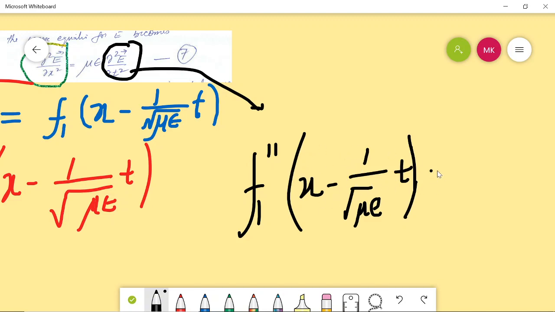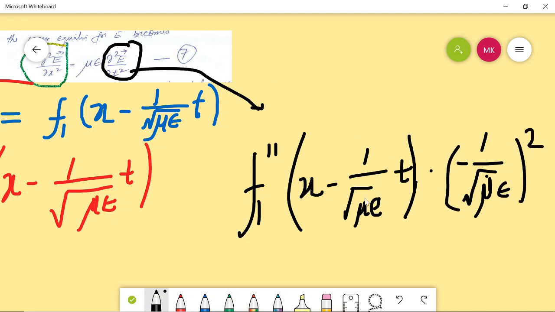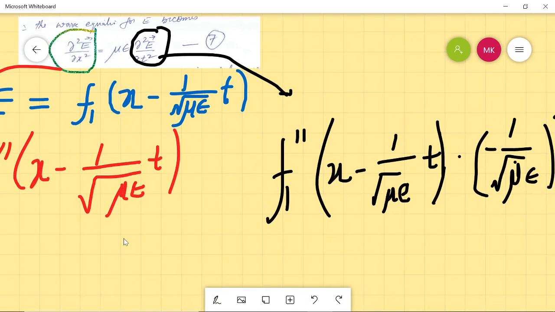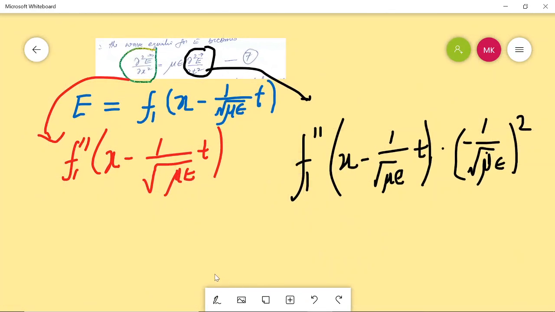So you get minus 1 over under root mu epsilon, whole squared. This term leads to 1 over mu epsilon. When you multiply by mu epsilon, the two equations become the same. So E equals f1 of x minus 1 over under root mu epsilon t satisfies this equation. So this is the solution.